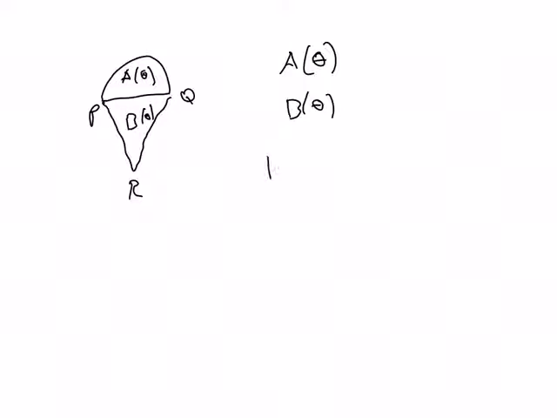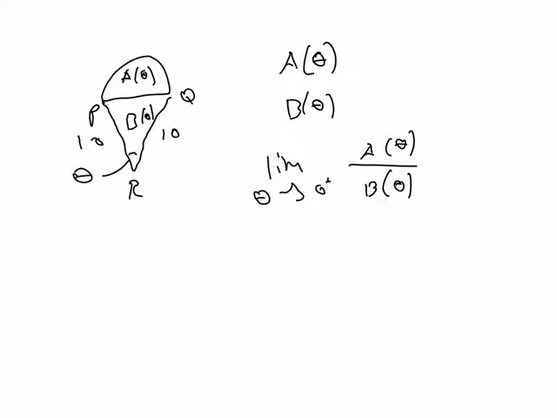So we want to find the limit as the angle goes to 0 from the right, and this is the angle that we're talking about, of A of the angle over B of the angle. And we're given that this is 10 centimeters and this is 10 centimeters.